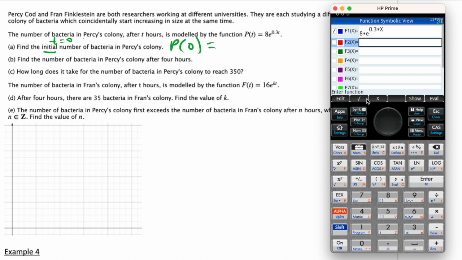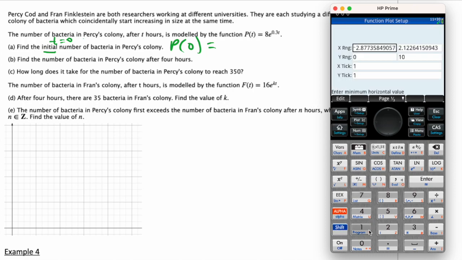Let's do a shift plot and change this from 0. Now this is time, so maybe 20 works well. Number of bacteria: looks like they grow up to 350 later, so let's do 500. I don't know if that's going to work or not.